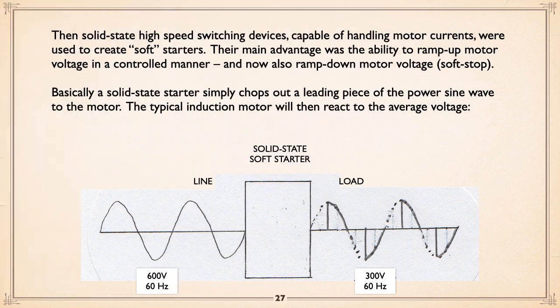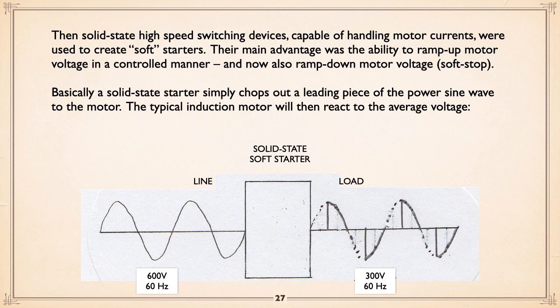Then along came electronics. And basically what they do is chop up the output sine wave, okay? It allows you to ramp up the motor in a controlled voltage by adjusting how much of the sine wave is carried through and how much is cut off.